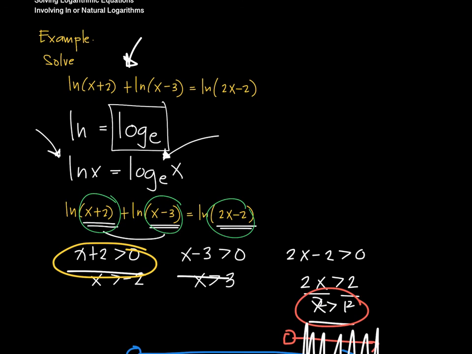If this was a minus sign, then you use the quotient rule, and it will become a quotient of x plus 2 over x minus 3. So it really depends on the given equation. It's not like you have to use all the properties in every equation. If it calls for a product rule, then you use the product rule. If it calls for a power rule, then you use the power rule. If it calls for a quotient rule, then you use the quotient rule. Okay, so that's it.